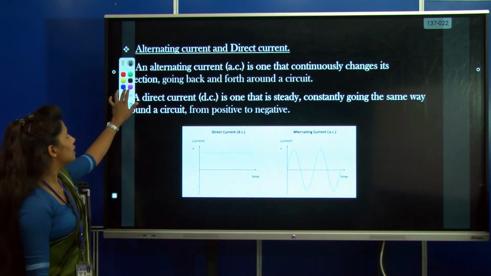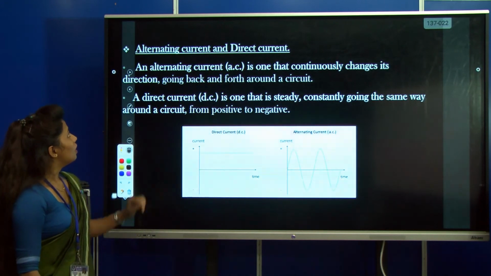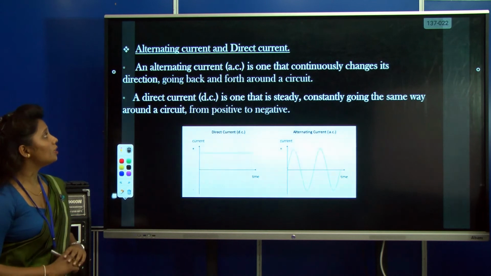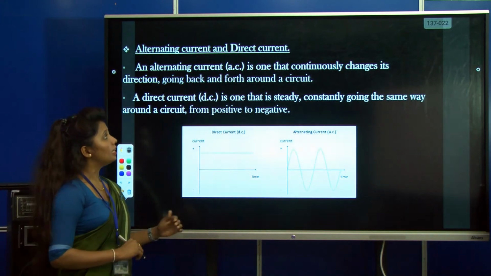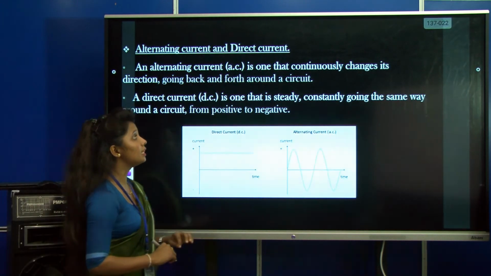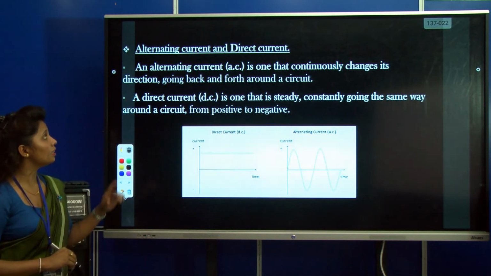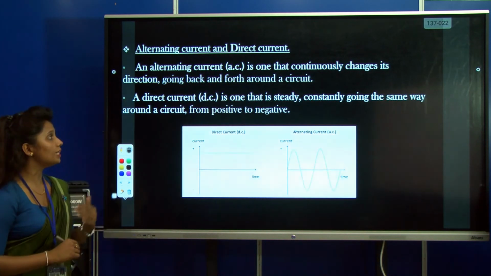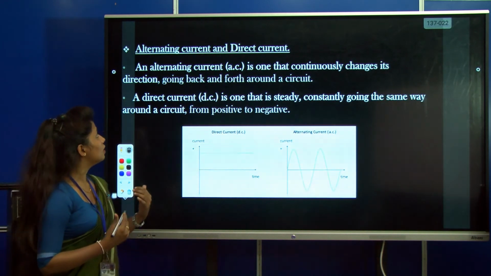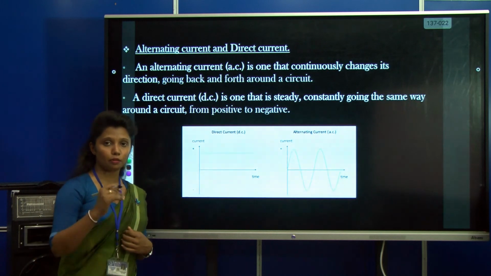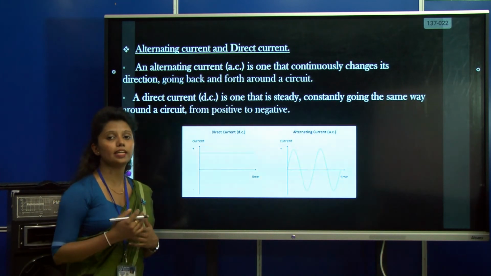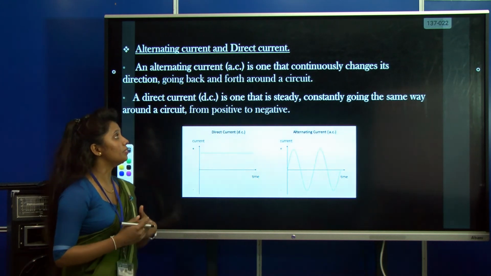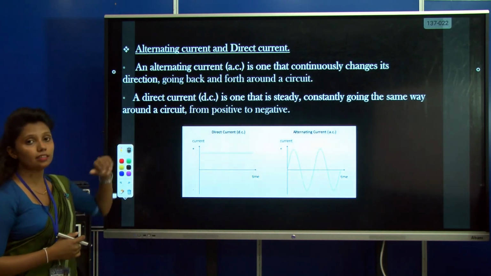Next, final heading. Alternating current and direct current. An alternating current, AC, is one that continuously changes its direction, going back and forth around a circuit. So, what they are telling is that when alternating current flows through the circuit, it always changes its direction, which means the direct current won't.